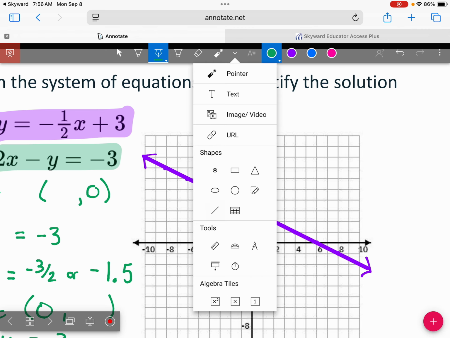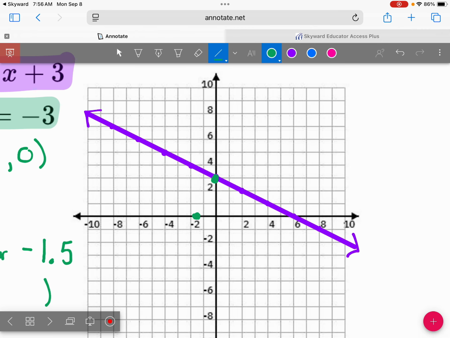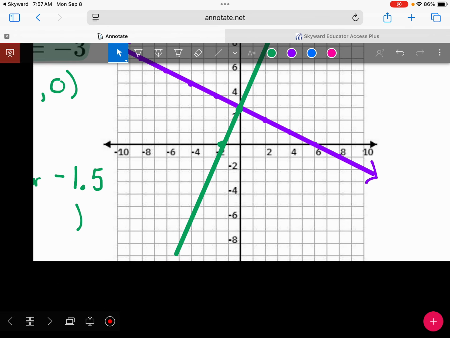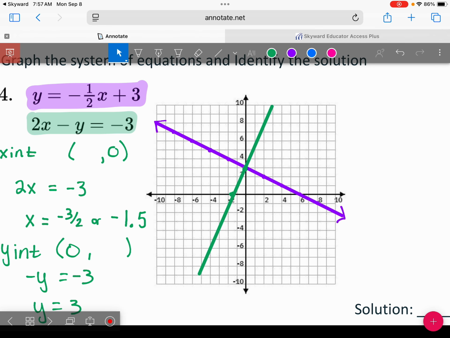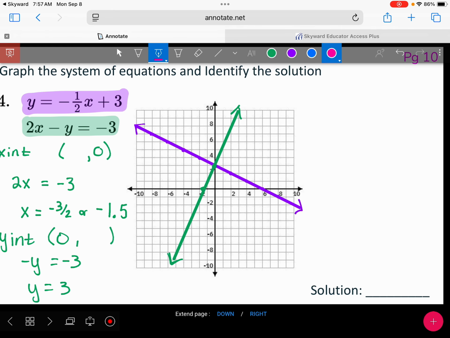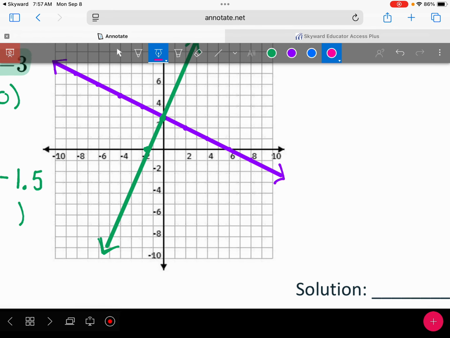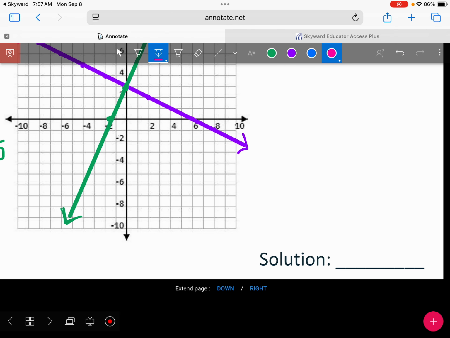So even without connecting them up, I can see my point where they're going to cross, because the whole point is trying to figure out where these lines cross. 2 lines together, figuring out where they cross. So where is our solution on this one? 0, 3.